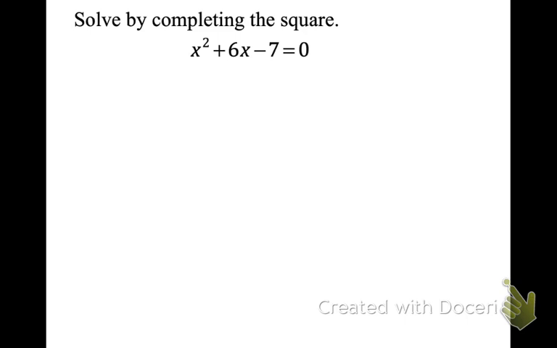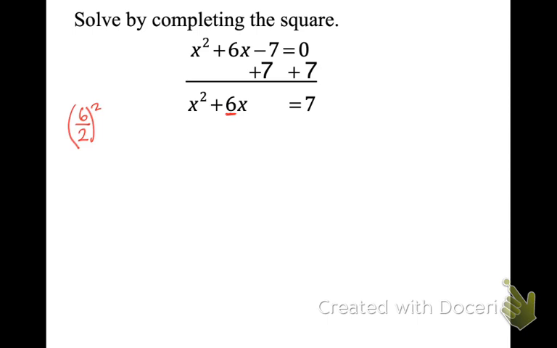In order to do that, okay, let's call this ax squared plus bx minus c, right? I'm going to have to get rid of that constant term. So I'm going to add 7 to both sides. Now I've freed up that constant term spot, and so I take the middle term's coefficient, 6. I have to divide it by 2, and then square it.